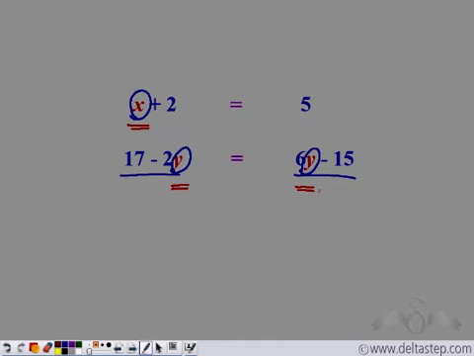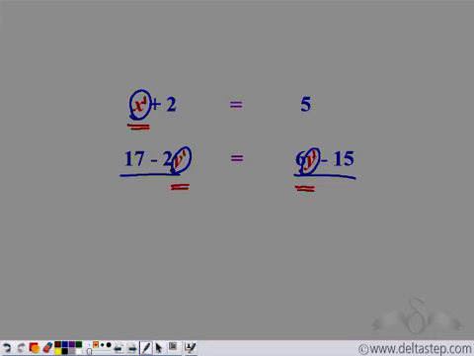So both the equations contain only one variable. Also, the power of x here is 1. The power of y here is 1. Even here it is 1. So in both the equations, we have just one variable and the highest power of the variable is 1.